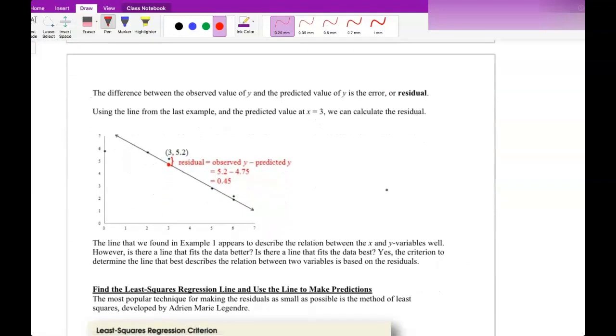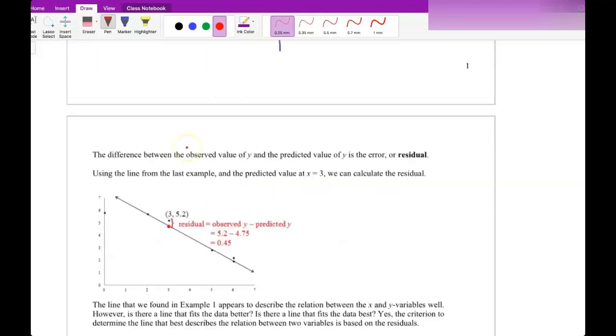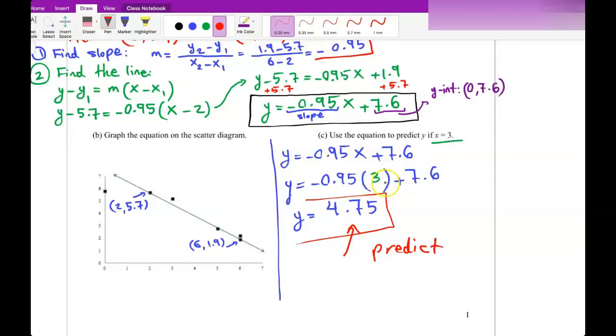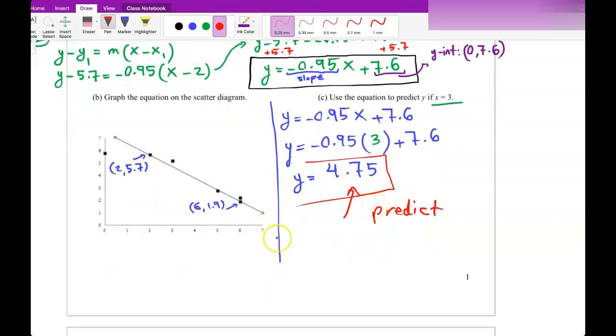Now, next page: the difference between the observed value of y and the predicted value of y is the error or residual. What is that? Here, for x we had 3 and for y we had 4.75. So this was our point here.